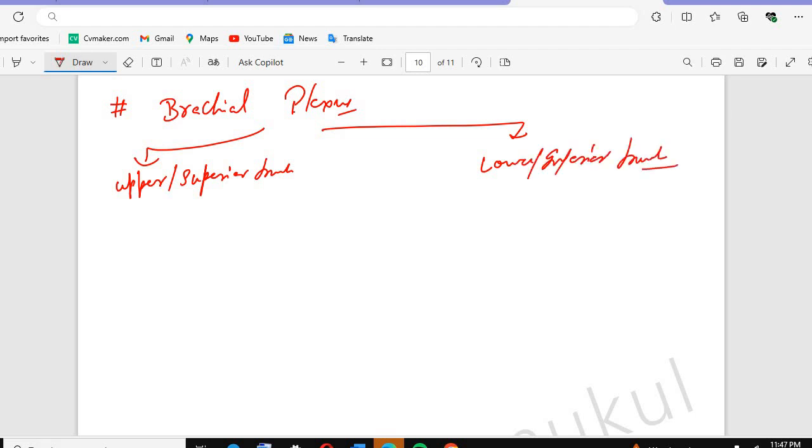So if the upper trunk is affected or the upper roots are affected, in brachial plexus we have C1, C2, C3, C4, C5, C6, C7, C8, T1. Okay, these are the nerve roots. So in the upper we have C5 or C6 root affected.